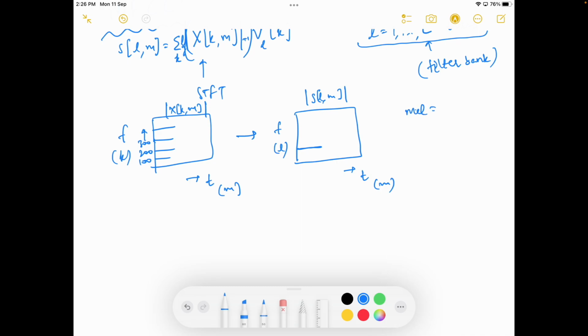Do you remember? I will use the notation I used earlier: F_c on a Mel scale is 2595 log to the base 10 of (1 plus f upon 700). Right? So now tell me where will the peak go?